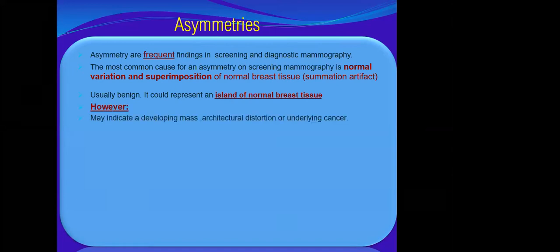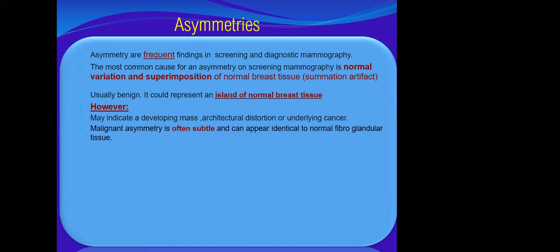However, it may indicate a developing mass, architectural distortion, or even an underlying evolving cancer. Malignant asymmetry is often subtle and can appear identical to normal fibroglandular tissue. And in one study, they found interval cancers that were visible in retrospect, appearing as asymmetry in about half of the cases.